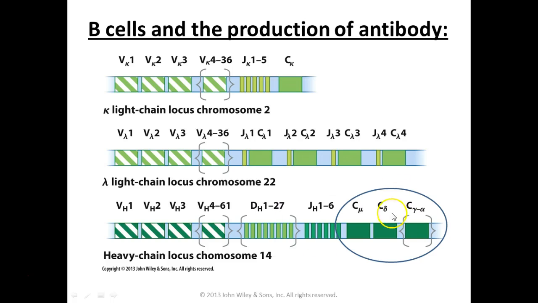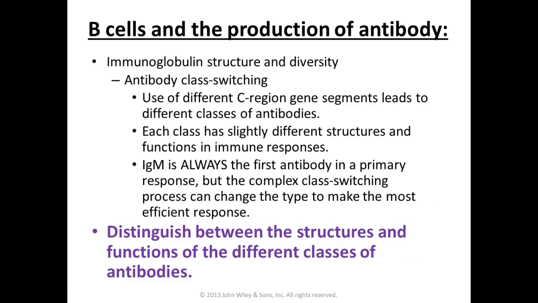And this is D, delta, which we're not going to talk about. So with class switching, they're going to switch out, as I showed you in that diagram, which C region they're going to make. And this leads to the different classes of antibodies that we're going to talk about.